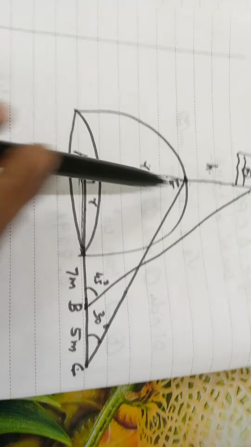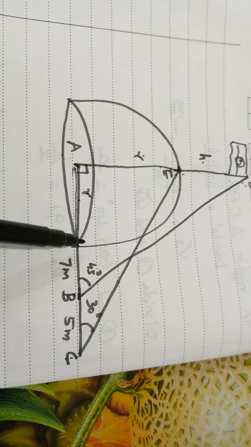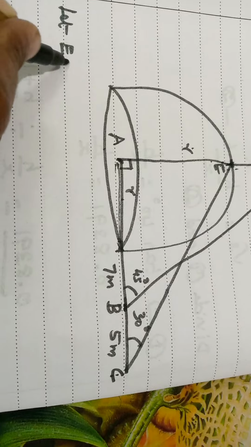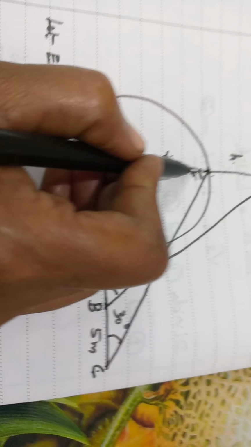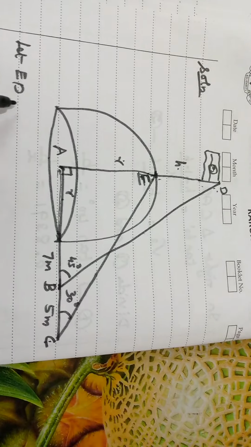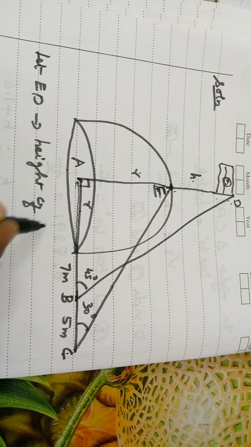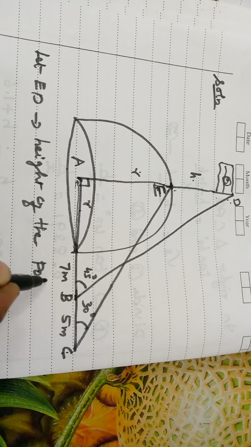So as it is given, let us name it. Solution, let's write. Let ED be the height of the flagpole.